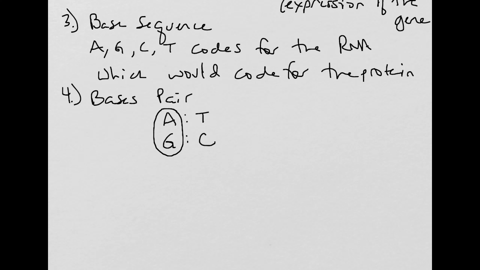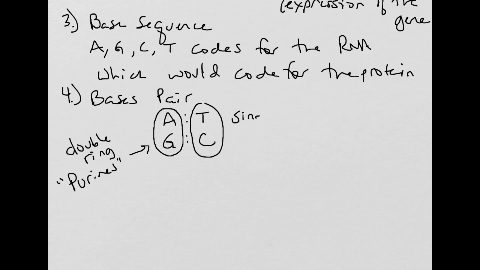A and G, they happen to have, when you look at their structure, a double ring structure. So they're wider. And we call these purines. The double ring nitrogenous bases are purines. T and C are single ring structures, and they are called pyrimidines.